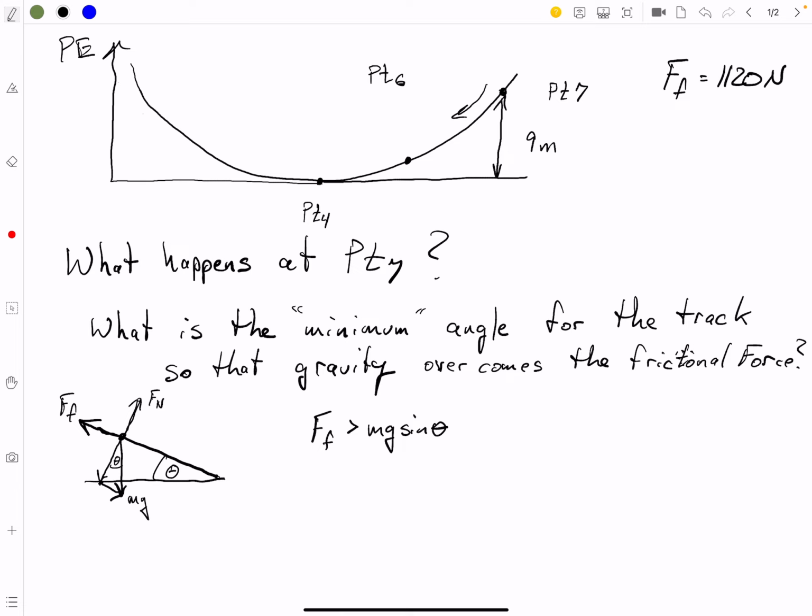So let's solve this for our frictional force, which we know to be 1,120 newtons. So what does our angle have to be?